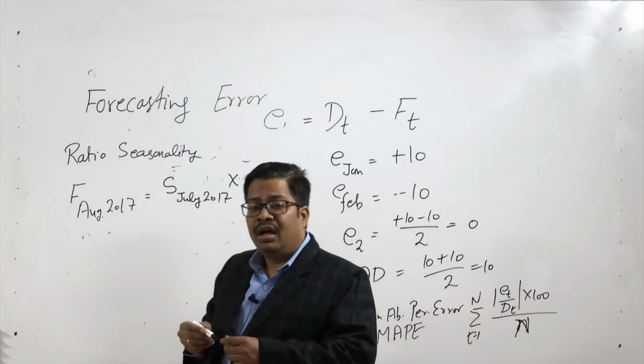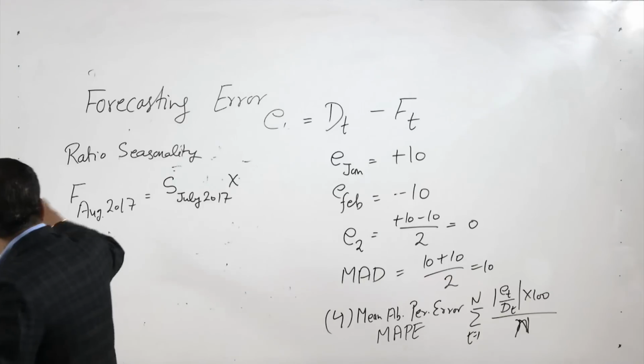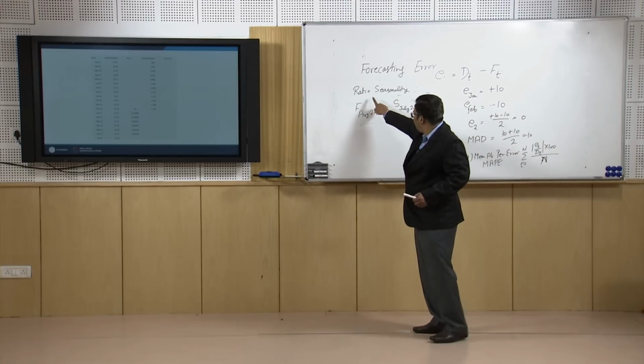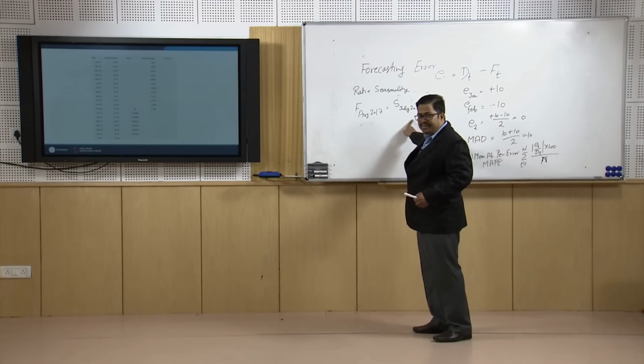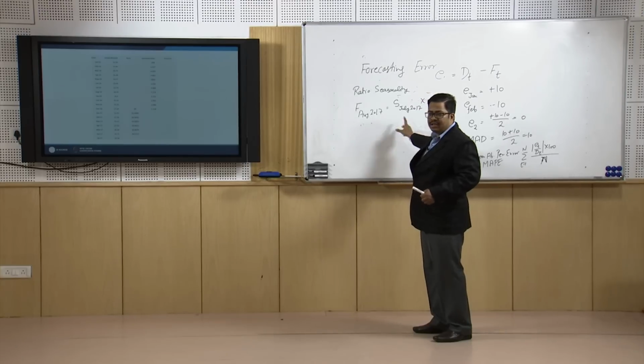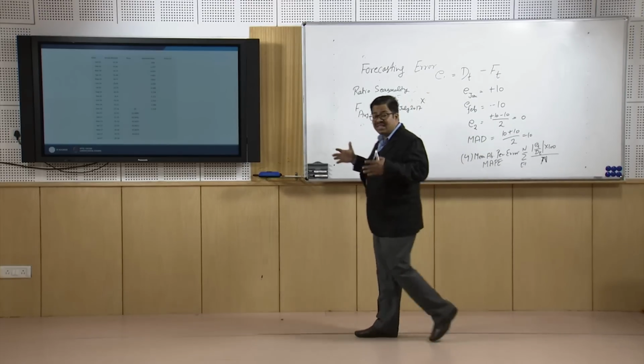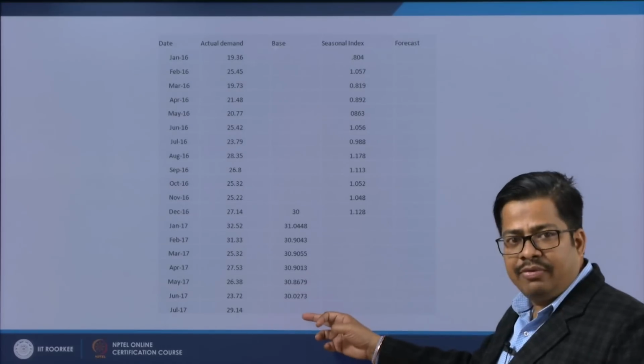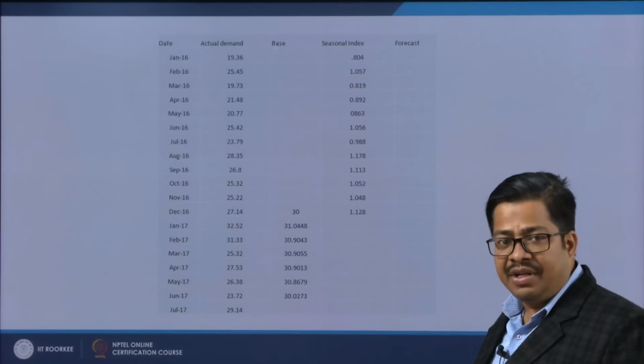And I will multiply, since it is a case of ratio seasonality, this base, which actually gives me the deseasonalized demand, or deseasonalized forecast you can say, and I want the forecast of August 2017.